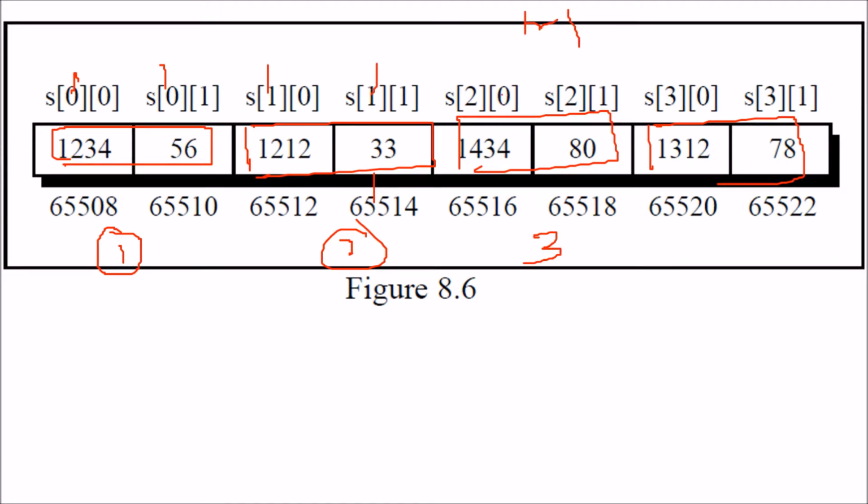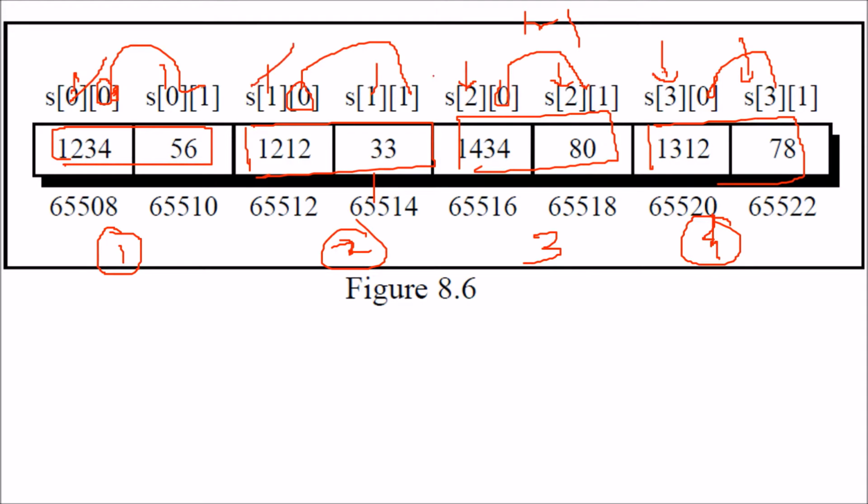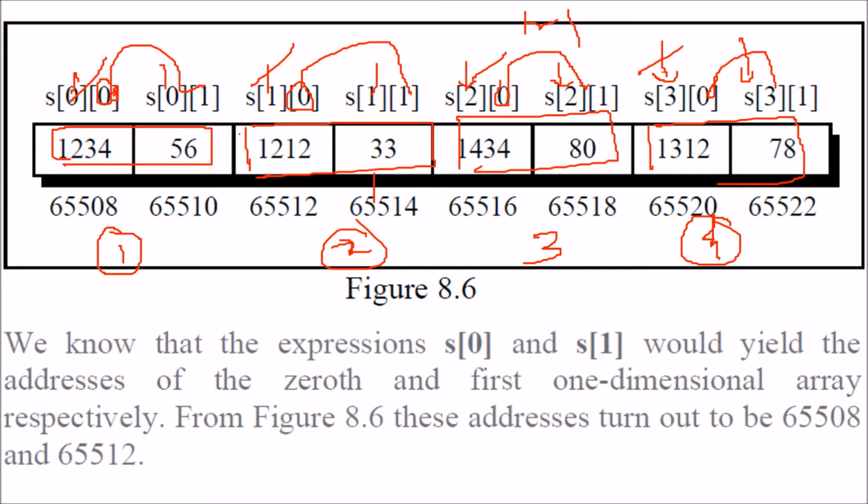This is the third row, that is why we have 2 here, and the fourth row, that is why we have 3 here. Since we have 4 rows and 2 columns, we have 0, 1 for each of 0, 1, 2 and 3. I hope you got the idea.